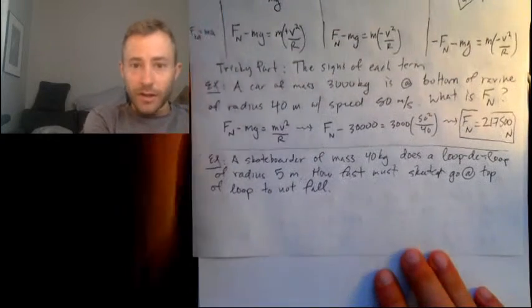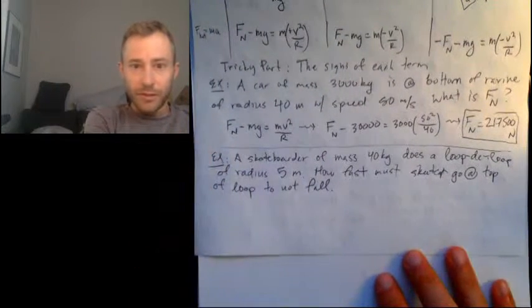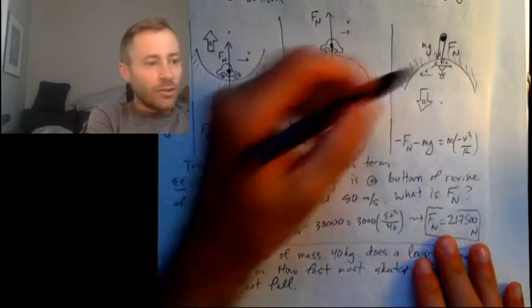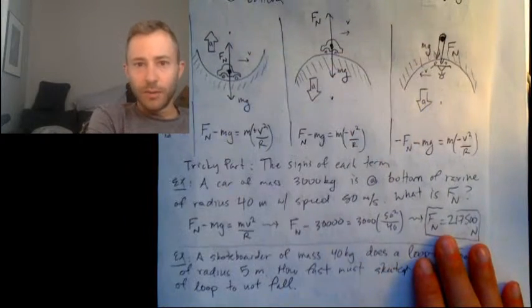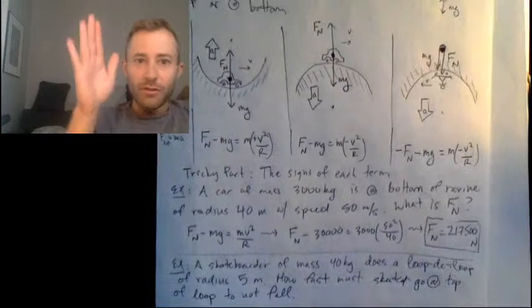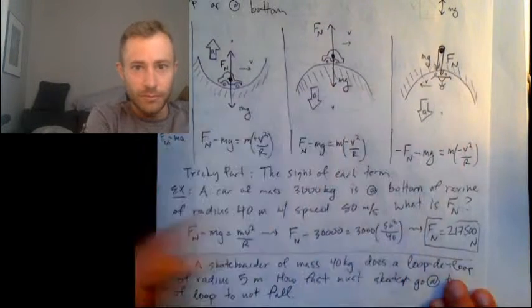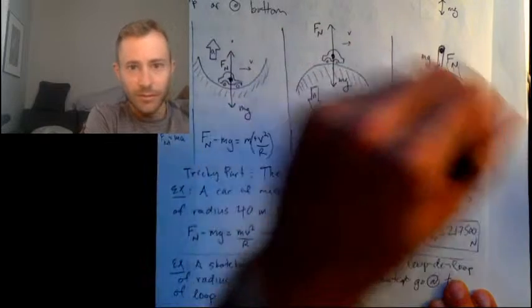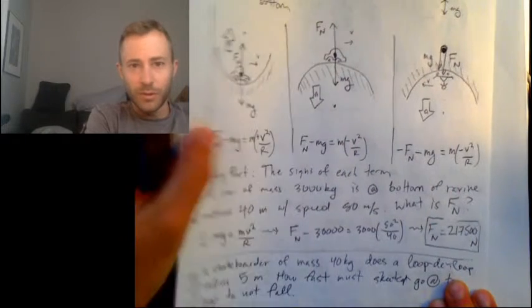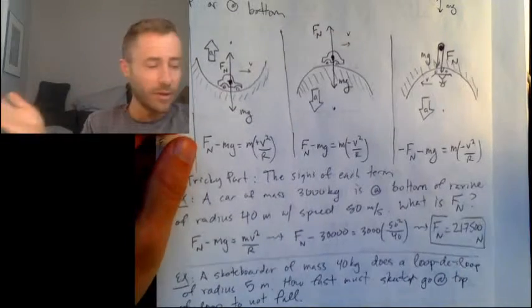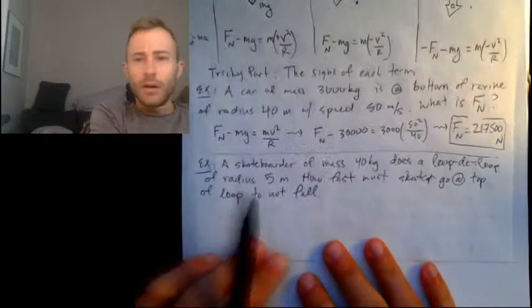So now here's a key point. I want you to pay attention to this. If the skater falls out of the loop-de-loop, they have lost contact with the loop-de-loop, with the whatever you would call it, the pipe. It's not a half pipe. Would you call it a full pipe? I don't know.